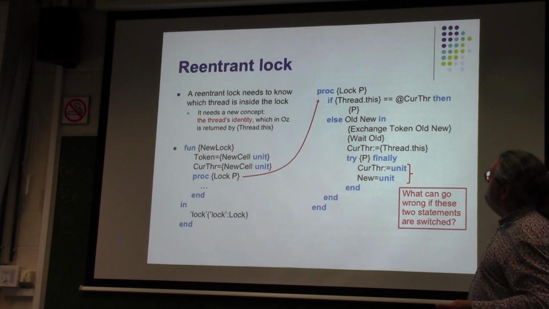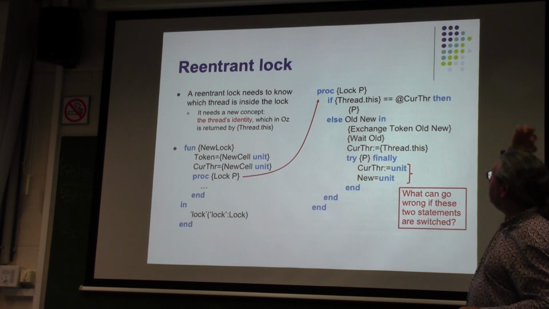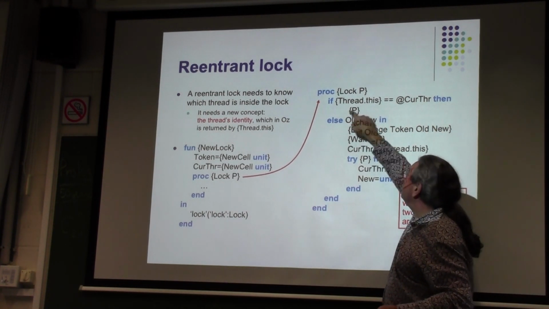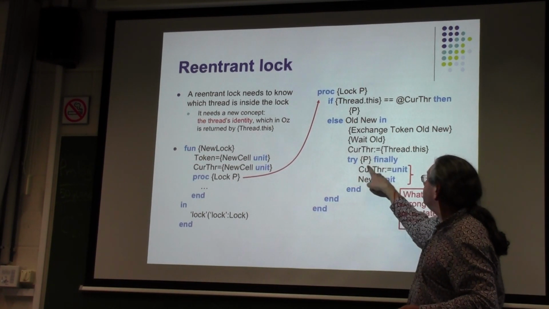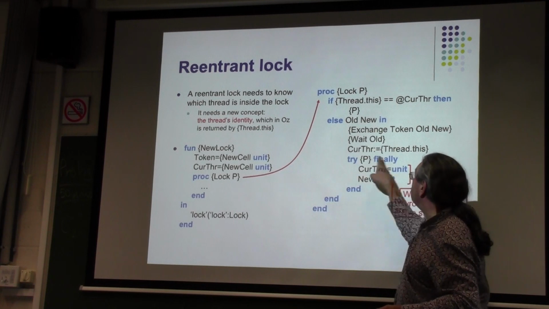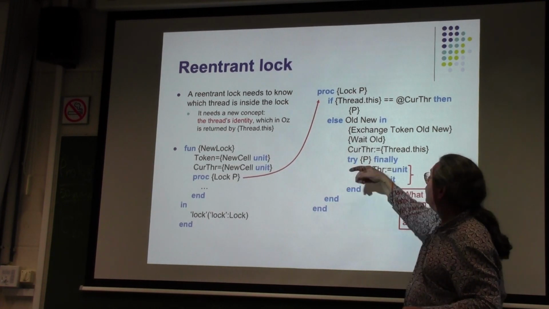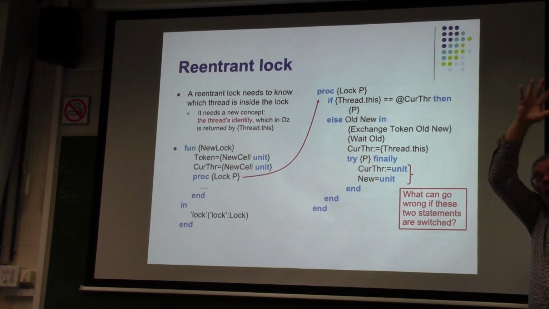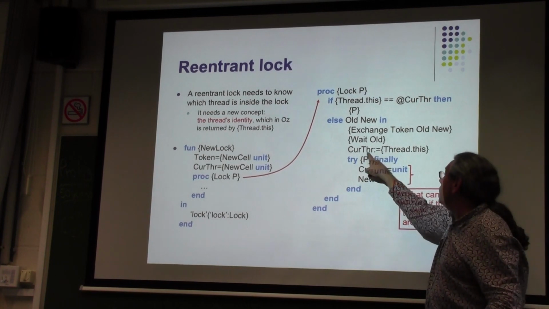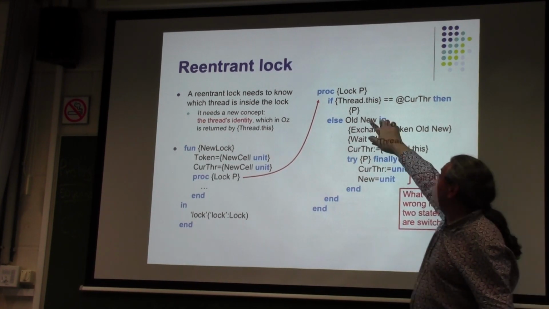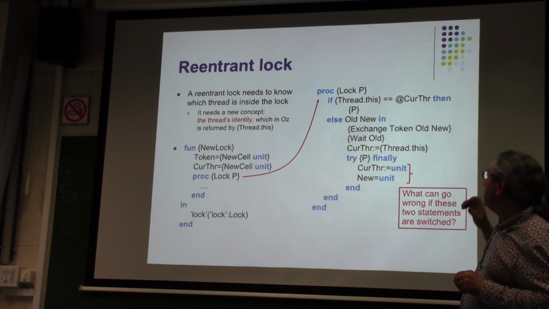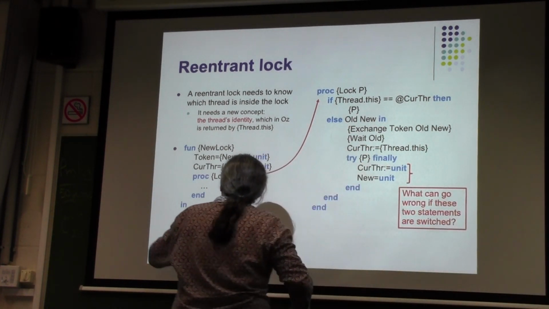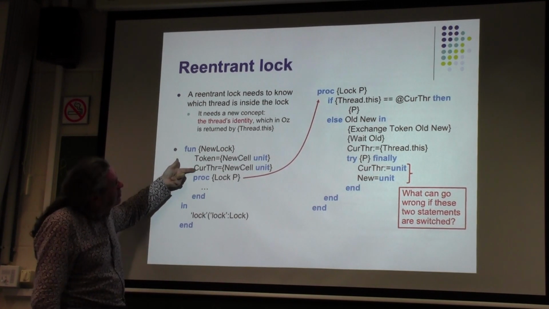And it doesn't even have to do the try finally stuff, because if this P raises an exception, I will come to the outermost place where it's running. So I just run P. That's it. So you see, the new thing is you have to manage this current thread.